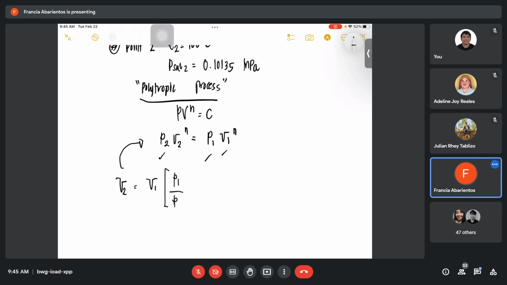Group the specific volumes: V2 over V1 raised to N is equal to P1 over P2, so V2 over V1 equals P1 over P2 raised to 1 over N. Don't forget the 1 over N. It will not cancel.